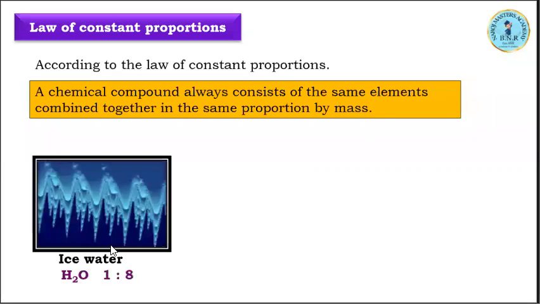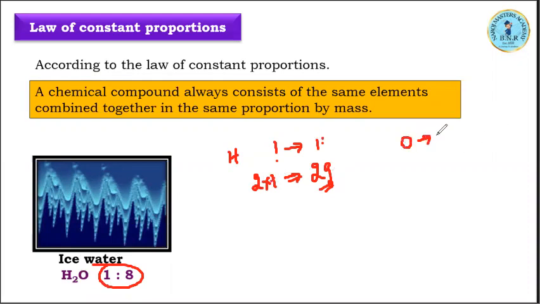Now, combined together in the same proportion by mass. Take water, whose chemical formula is H2O. The question is, how do you get 1:8? The atomic number of hydrogen is 1 and its mass is also 1. How many hydrogens are there? Two hydrogens, so 2 into 1 equals 2 grams. Oxygen has atomic number 8 and its mass is 16 grams.